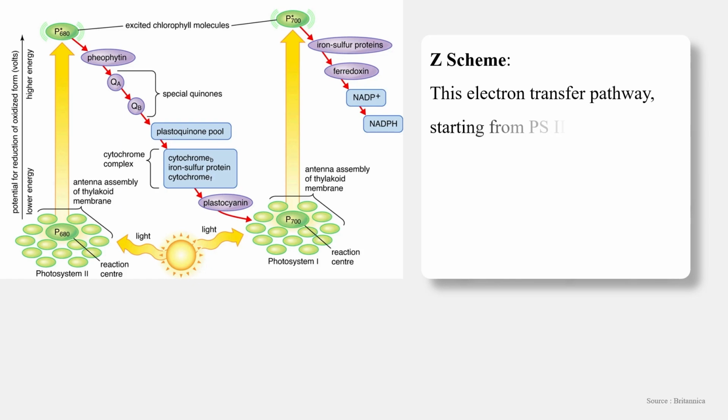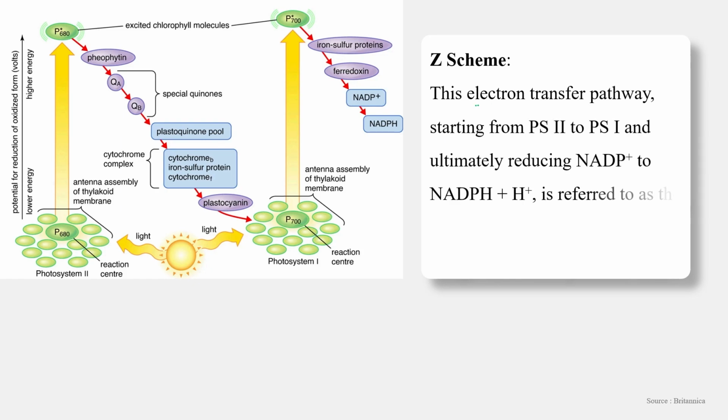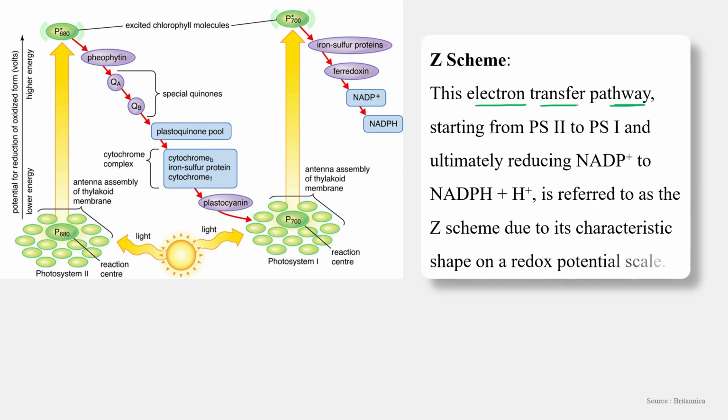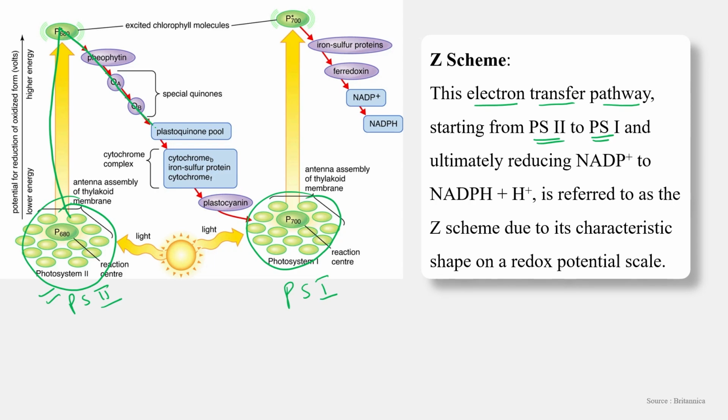Now what is the Z scheme? The Z scheme is an electron transfer pathway. As you can see, this is a Z, 1, 2, 3, an inverted Z. It is an electron transfer pathway starting from PS2 and moving through various carrier molecules towards PS1.